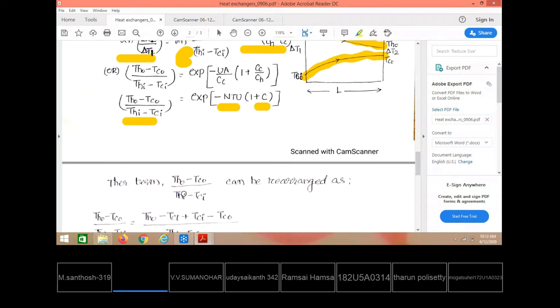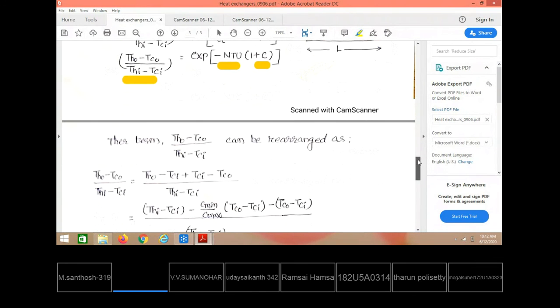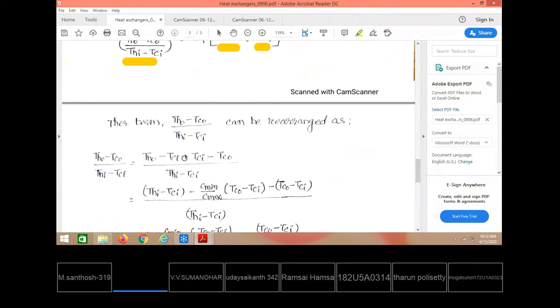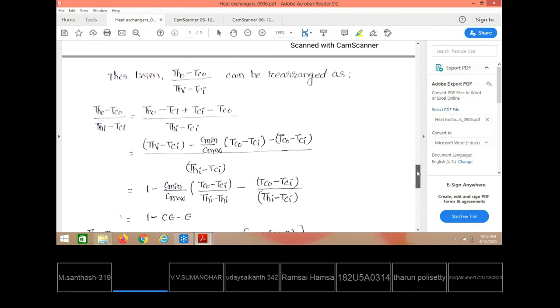Now the same term can be rearranged. In this ratio, one time I am subtracting T_ci, and immediately I am adding T_ci also, so there is no change to the relation.